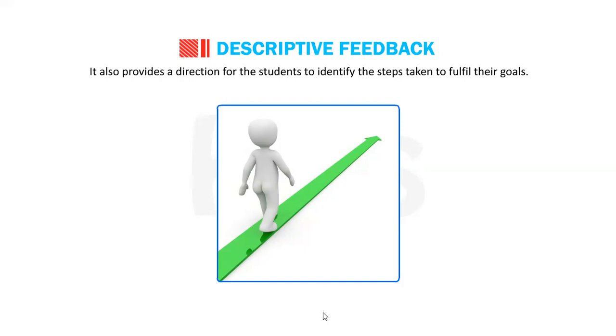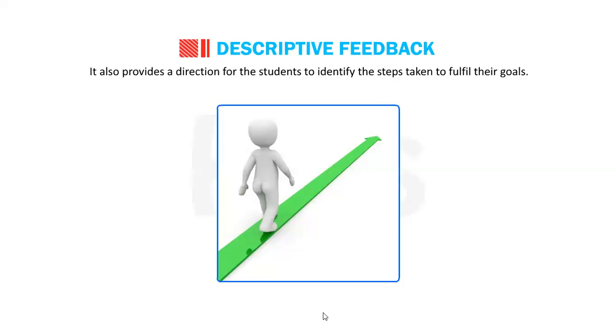So this is also descriptive feedback. If the student's performance is not satisfactory, then the class teacher will say that you need to improve, you need to work hard. This is also descriptive feedback, which enables the students to fulfill their ultimate goal.